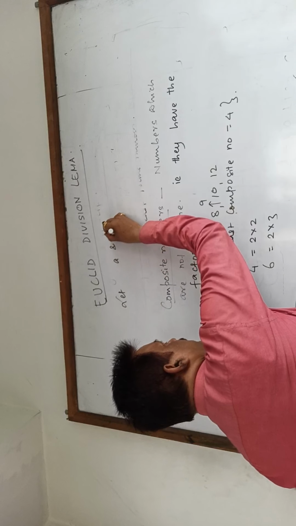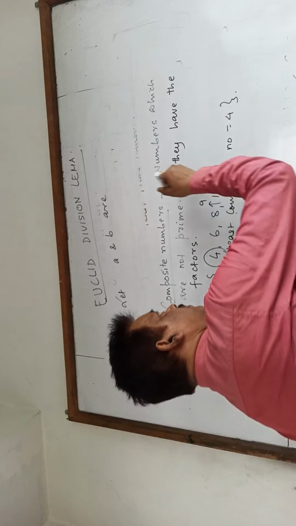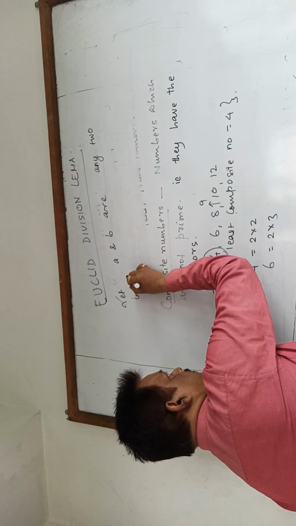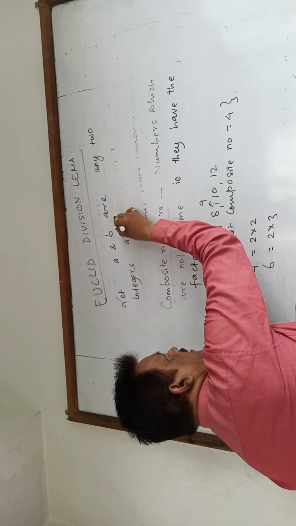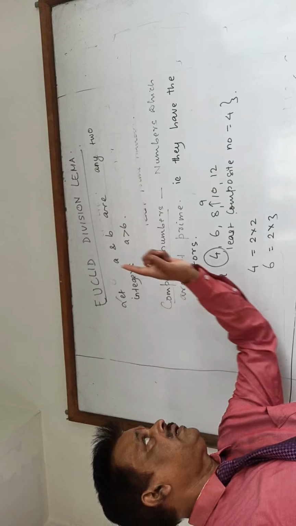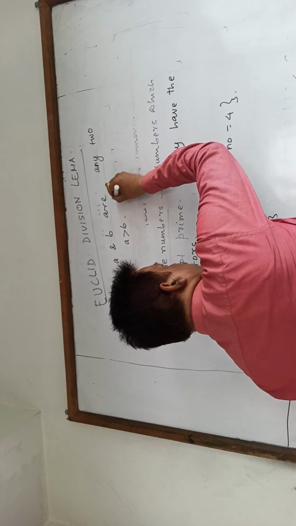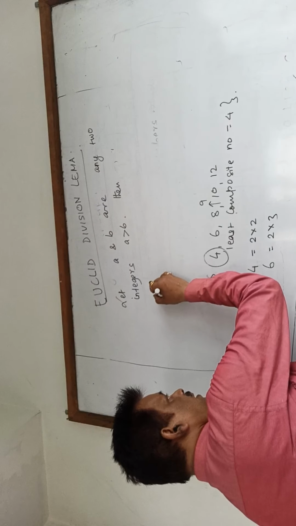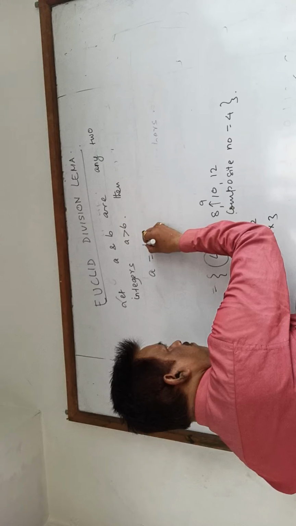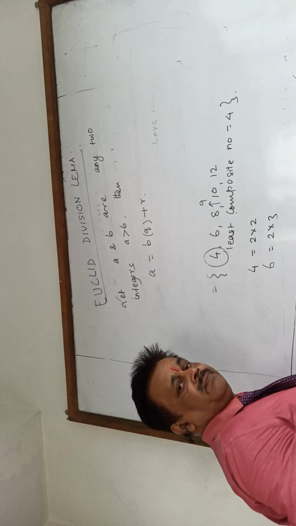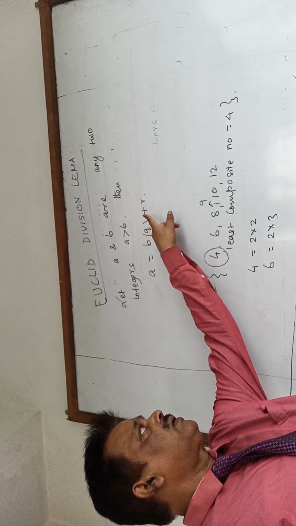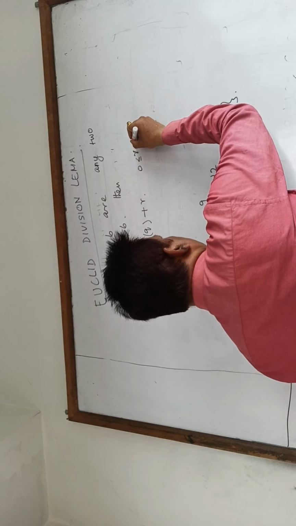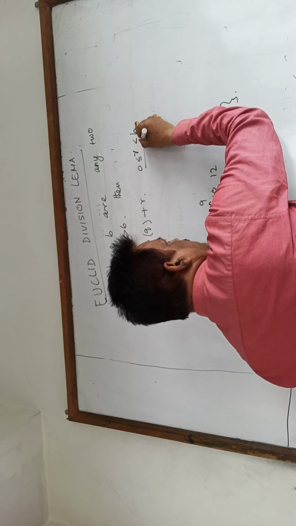Let A and B be any two integers where A is greater than B, then we can write A equals BQ plus R, where the value of R is between 0 and B. This is important for you.